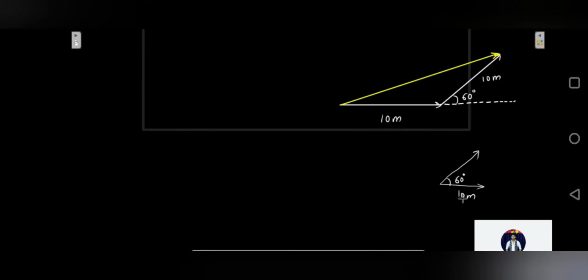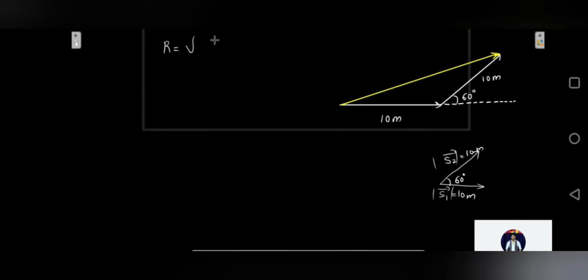The first distance vector is 10, and the second distance vector is again 10 meters. The magnitude will be 10 meters, and the angle between the two vectors is given as 60 degrees. So you have to find the resultant. What will be the formula? The same formula R we will use.